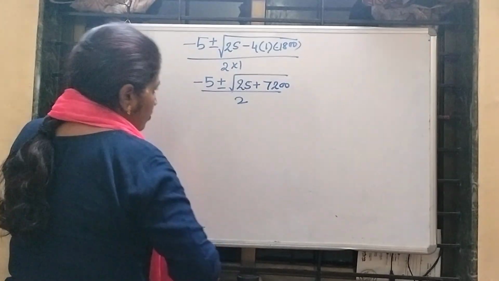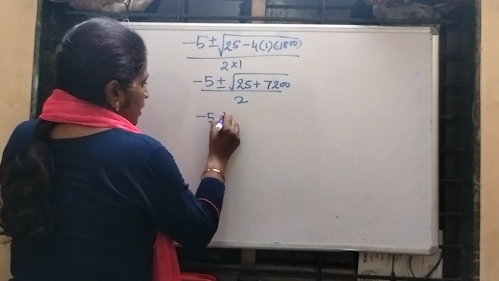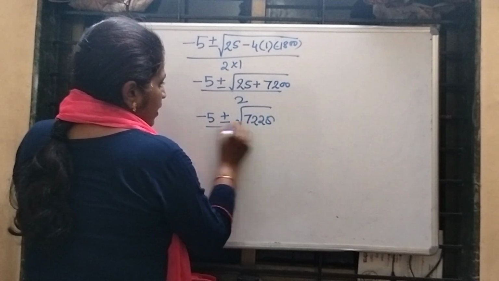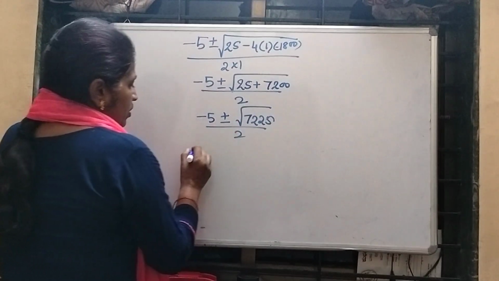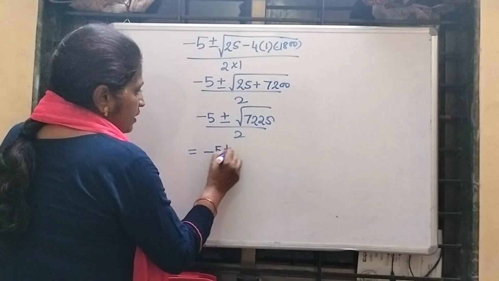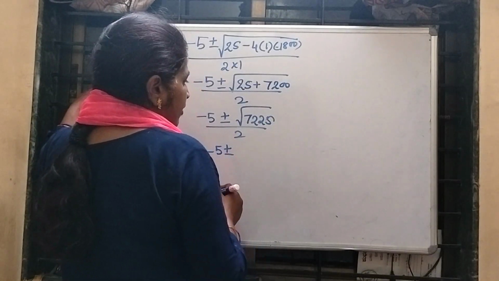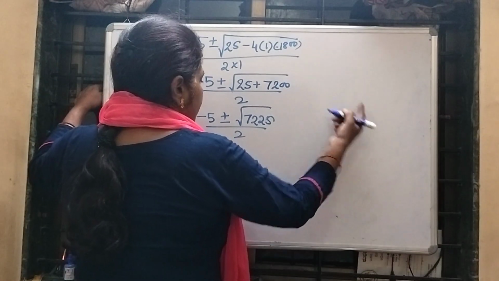Now minus 5 plus or minus root of 7225, divided by 2. I know the square root of 7225 is 85. If you don't know, you can find it.